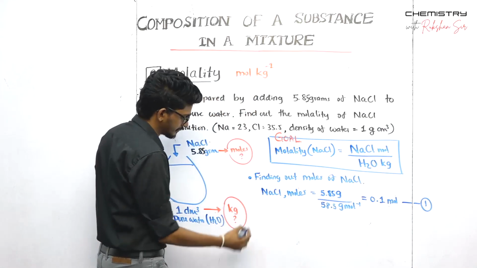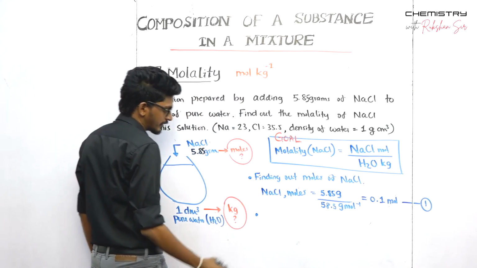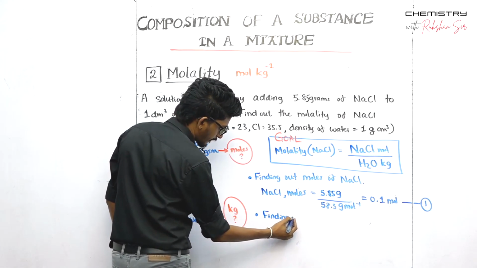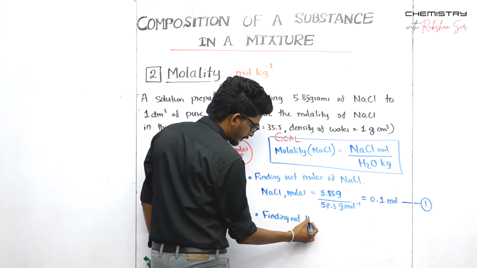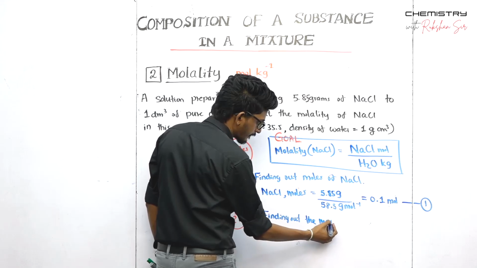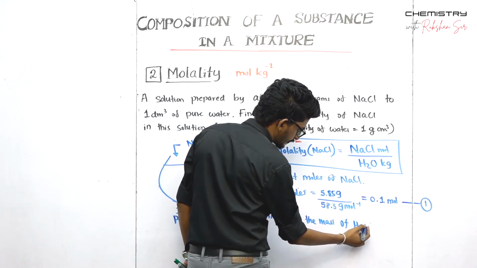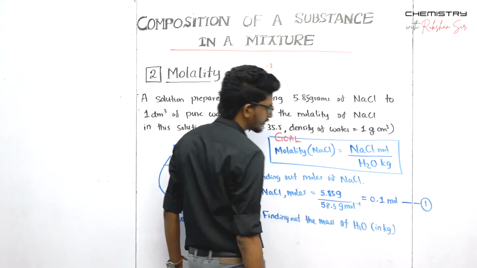Let's do the second part. Then we need to come up with the mass of the solvent. Finding out the mass of H2O, basically in kilograms. We need the value in kilograms.